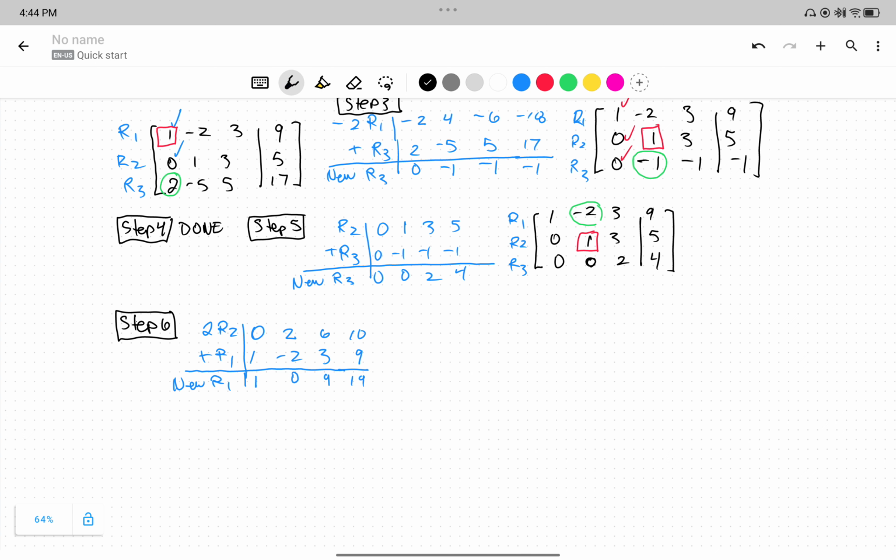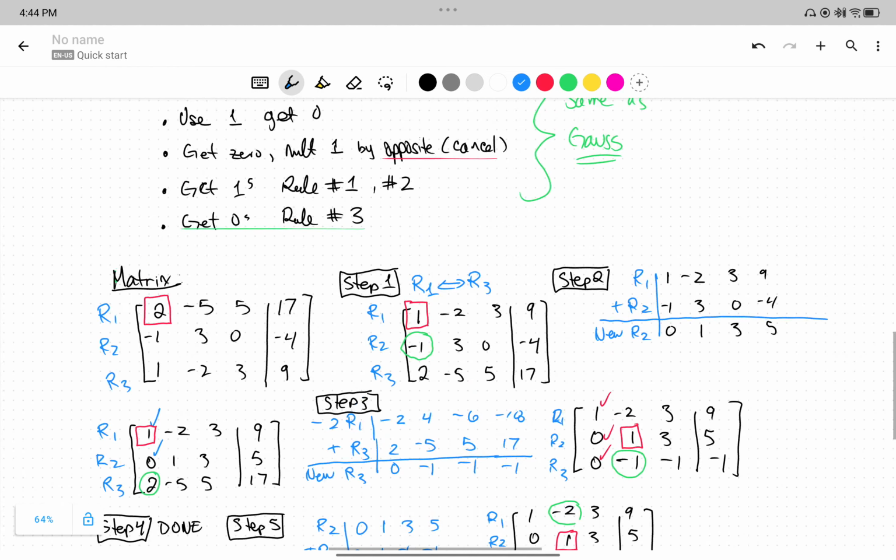All right, let's put it together again. This is row 1, goes right here: 1, 0, 9, 19. And then row 2 is the same. Row 3 is the same. So we're actually getting close to the end.